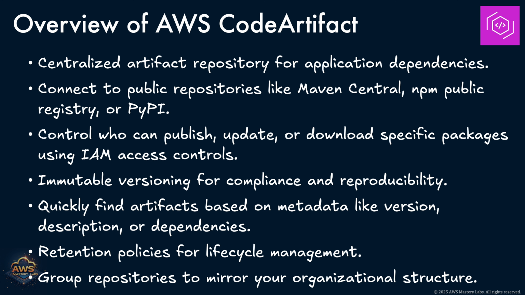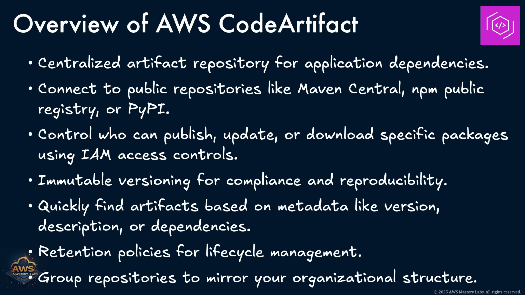Searching for packages is easy thanks to automatic metadata indexing. You can quickly locate packages using attributes like version number, description, or dependencies, saving time and reducing errors. Code Artifact also supports retention policies to manage the lifecycle of your artifacts.